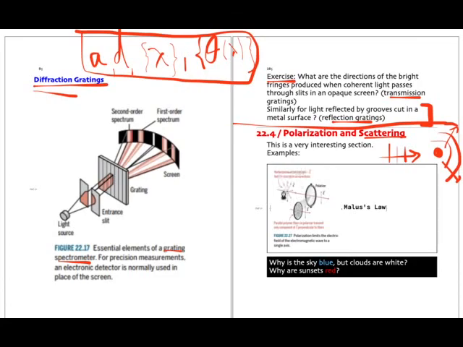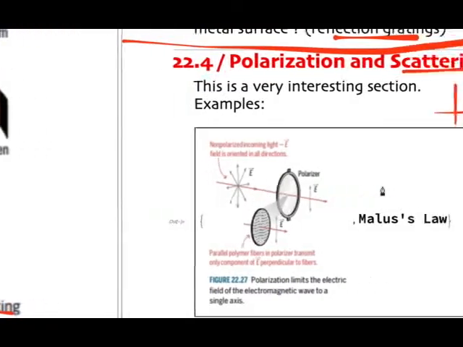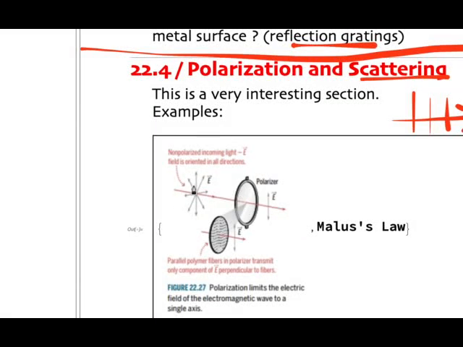So here's a picture, taken from the book, of a polarizer. You have unpolarized light, the electric field oscillating in all directions. But when it comes through the polarizer, because of the material property of the polarizer material, the light that comes through only oscillates in one direction.